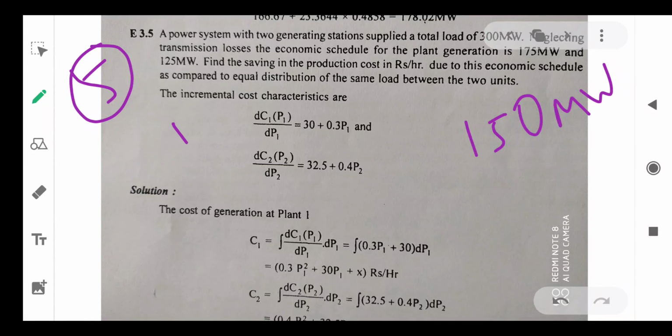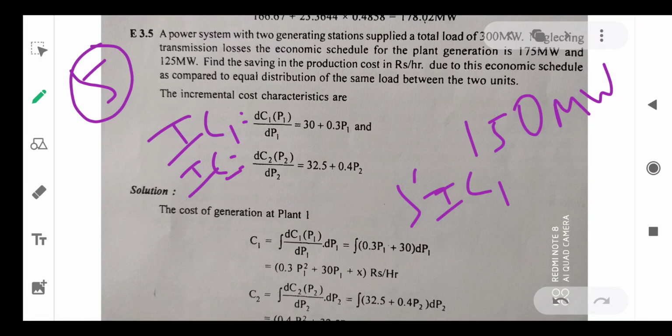IC1 equal to this one, IC2 equal to this one, 30 plus 0.3 P1, 32.5 plus 0.4 P2 respectively. Now C1 is equal to integration of IC1. Similarly, integration of IC2.